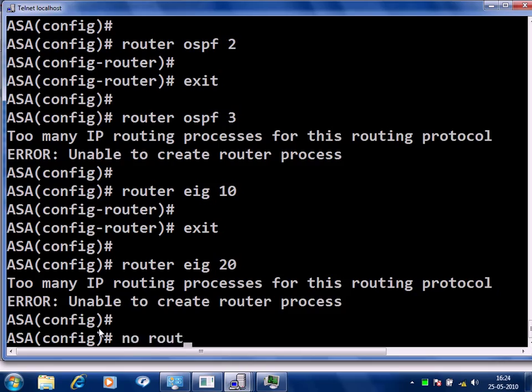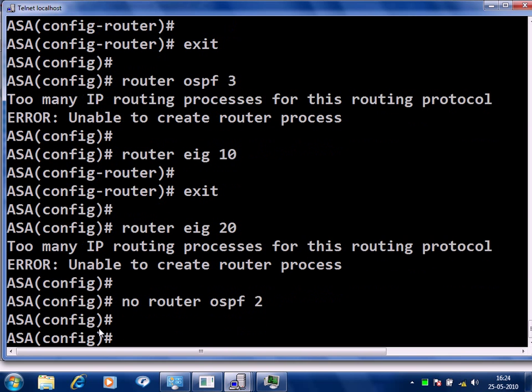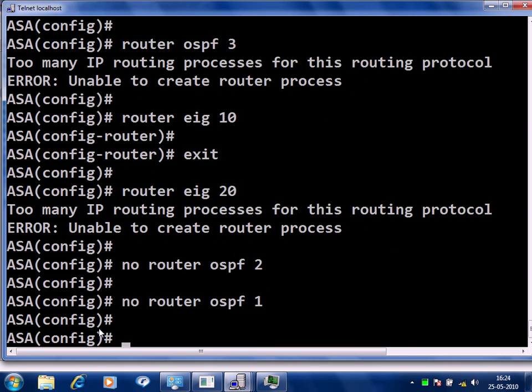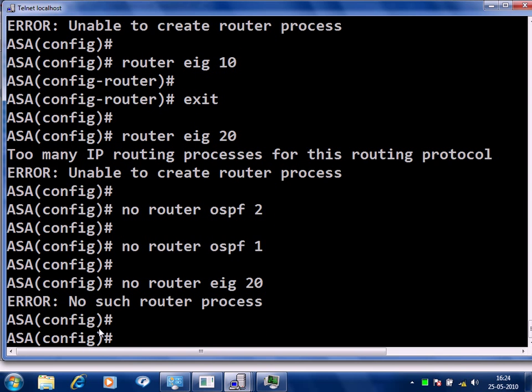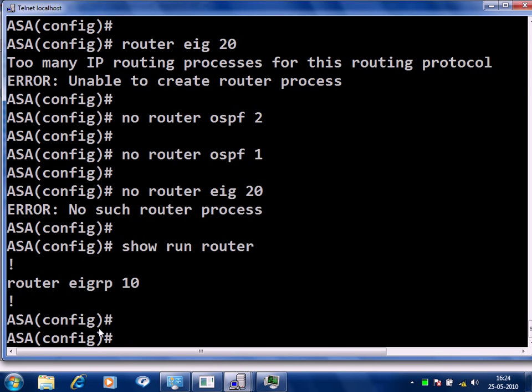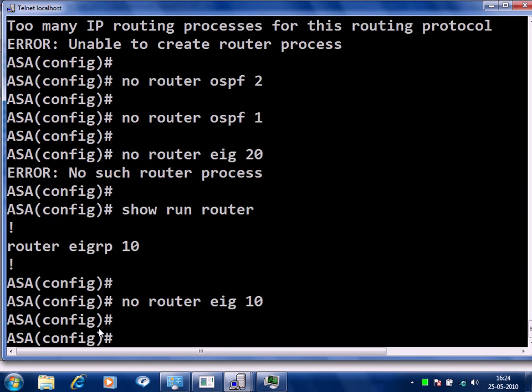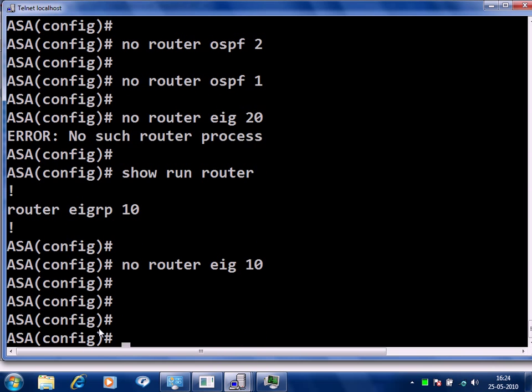So let's remove all this: OSPF 2, OSPF 1 and EIGRP. Make a note in your notebook that only one EIGRP process can be configured on ASA, and two OSPF processes, not more than that. Okay.